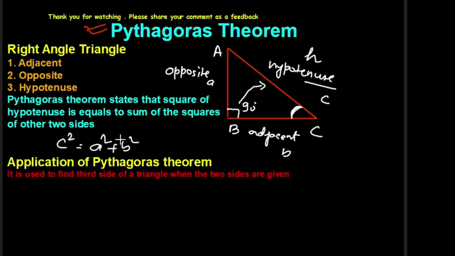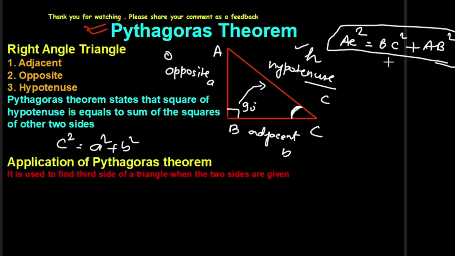So C square is equal to A square plus B square. Or, writing with H and O, or if AC is your hypotenuse, then square of AC is equal to the sum of the squares of the other two sides, which is AB square plus BC square. This is known as the Pythagoras theorem.